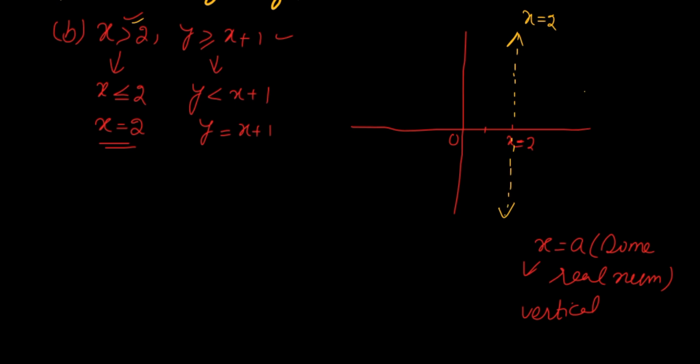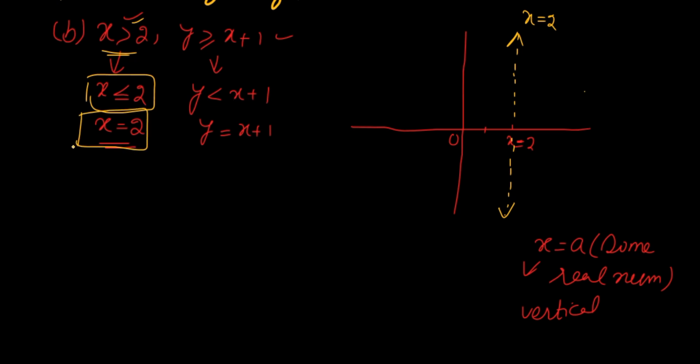You have to see whether your given inequality contains an equal sign or not. You will not look at the opposite inequality for the equal sign. You will look at your given inequality. As your given inequality has no equal sign, the boundary line will be a dotted line.